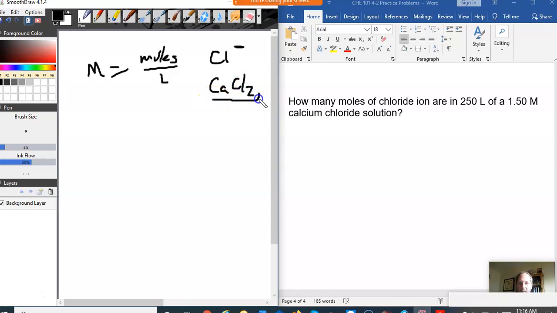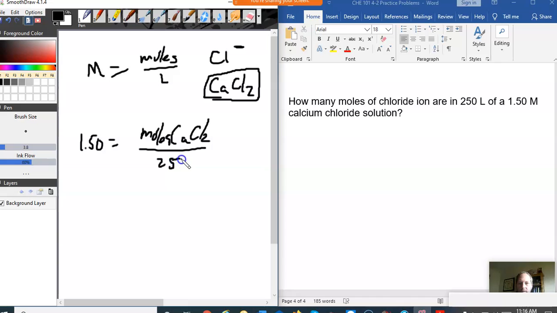So you obviously have to get the formula in order to figure out this problem. You have a molarity of 1.50. Your moles is what you're looking for, and this is going to be moles of calcium chloride. And you have your volume of 250. So your moles of calcium chloride equals 1.5 times 250.